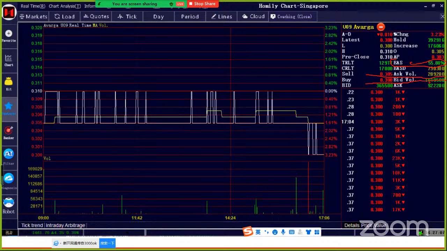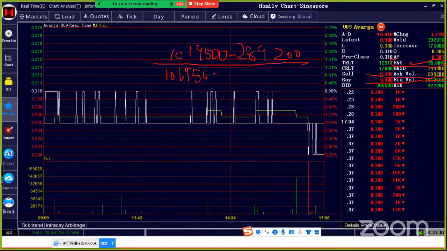The bid volume is 1,019,500 shares, minus the ask volume, which is 289,200. Then divide by their sum, the sum of the bid and ask volume added together.